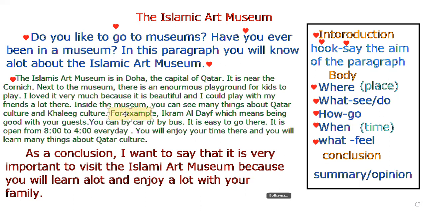Here, for example, we said enormous. Instead of beautiful, can you give me a strong adjective? Fantastic. Yes, we can say fantastic, enormous, anything. We can add more and more adjectives.